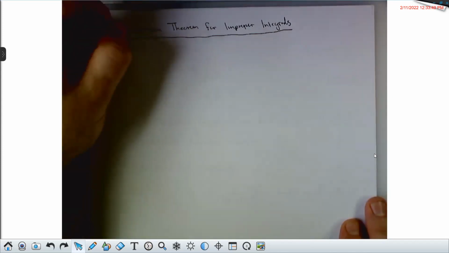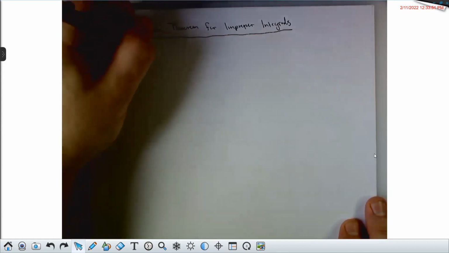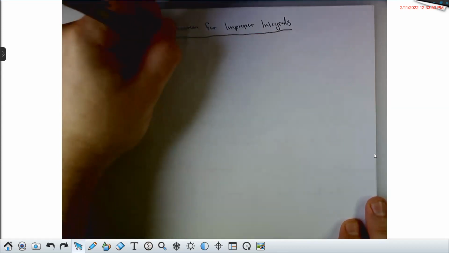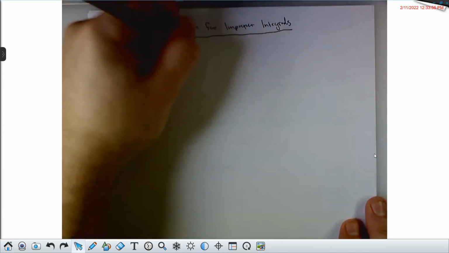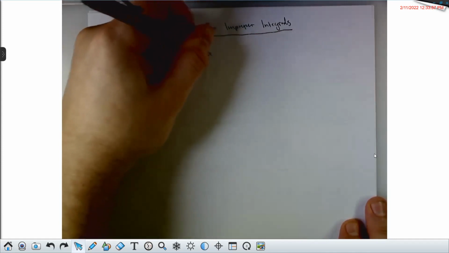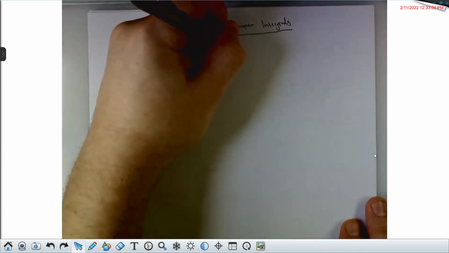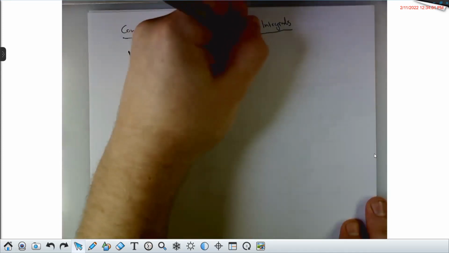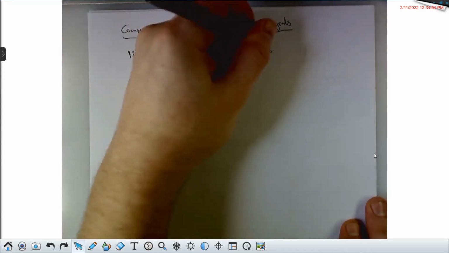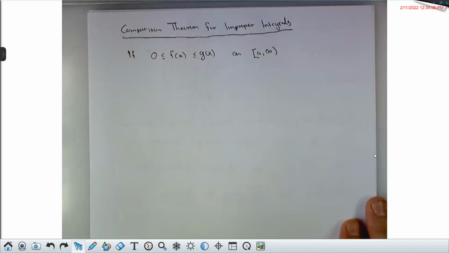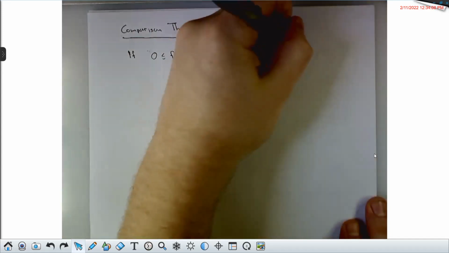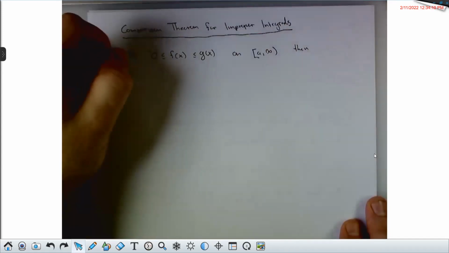What this says is if 0 is less than or equal to f of x is less than or equal to g of x on the interval a to infinity, then two things are true.